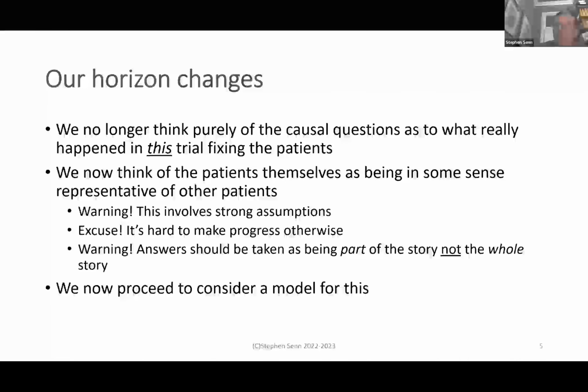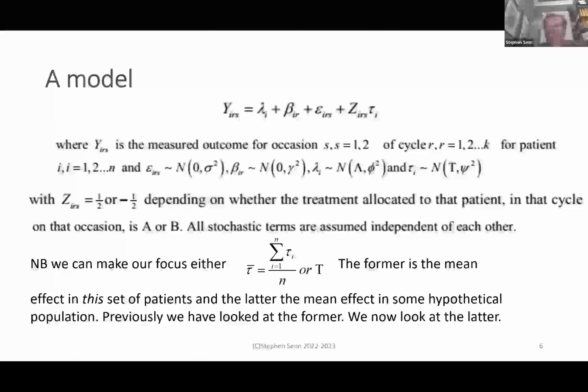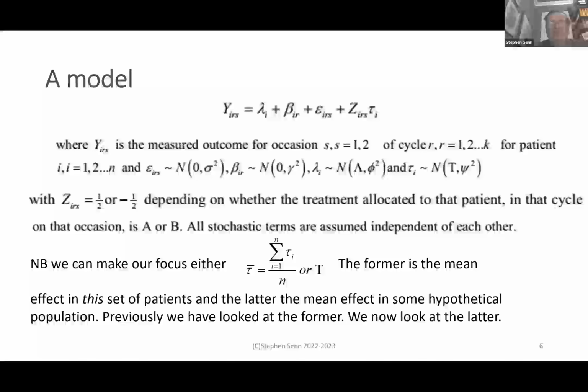And I'm now going to have a look at a model for this. So the model is as follows. I'm going to consider that we have an outcome Y, on occasion S equals 1 to 2, of cycle R, R equals 1, 2 to K. In our particular example, we had 3 cycles, so K was 3. For patient I equals 1 to N, where in our particular case, N was 12.